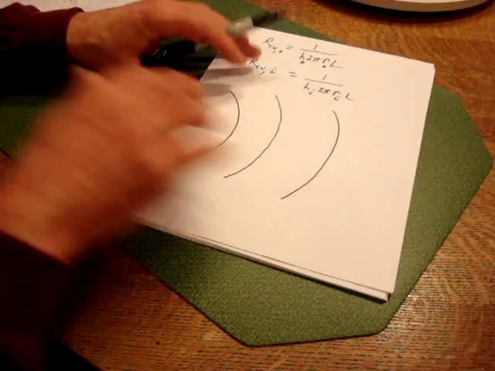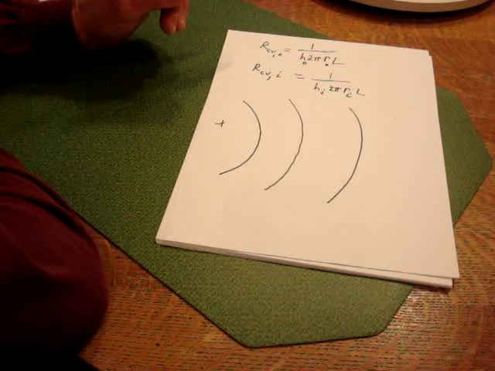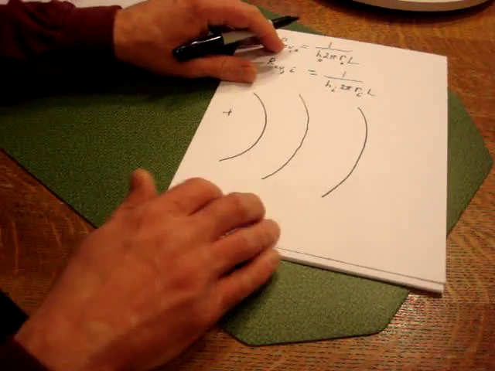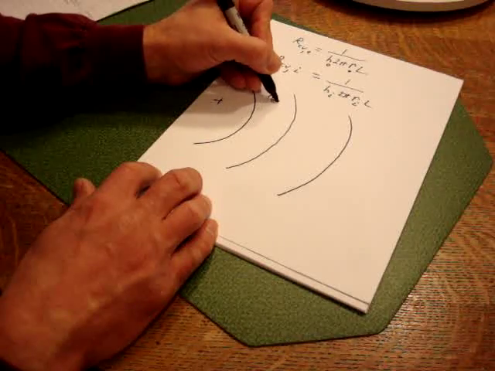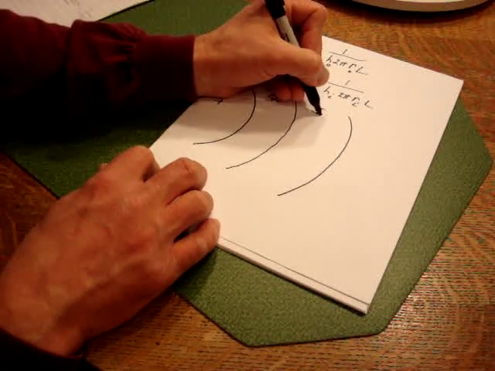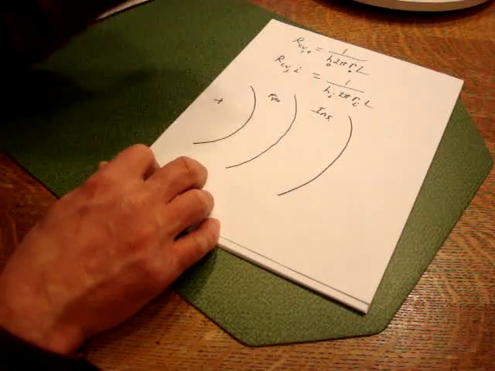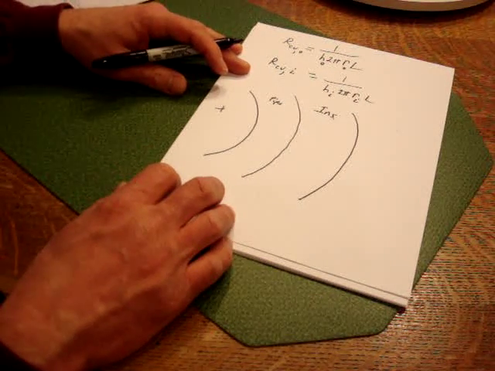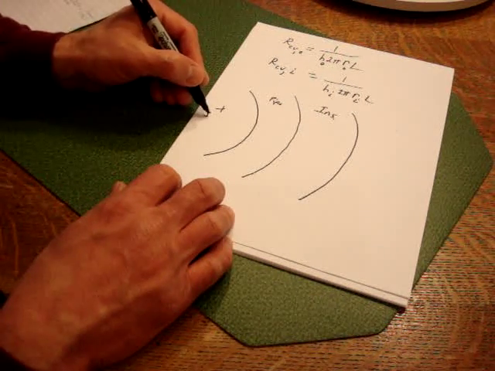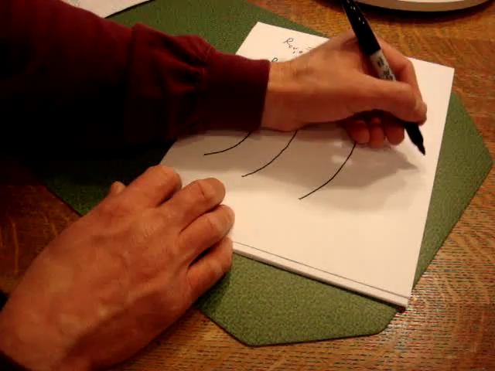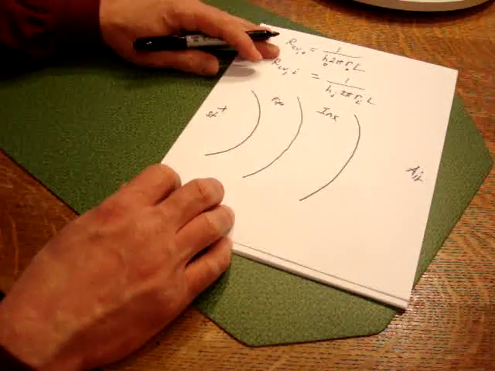Now you may have several materials here in series. This may be the pipe itself. This may be the insulation that's on the outside of the pipe. We may have some liquid, maybe steam on the inside, maybe air over here on the outside.